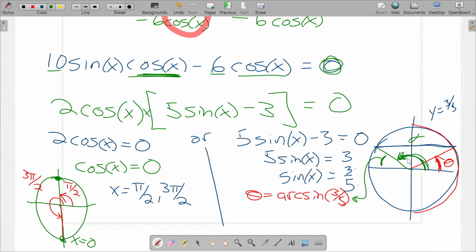Or add or subtract, right? If I added it, the arc sine over here is a positive number, so if I added it to pi, it would put me over here. So I want to take it away to get back there. So my green angle alpha should be pi minus the arc sine. In that case, I want to take the reference angle away because the reference angle is positive.